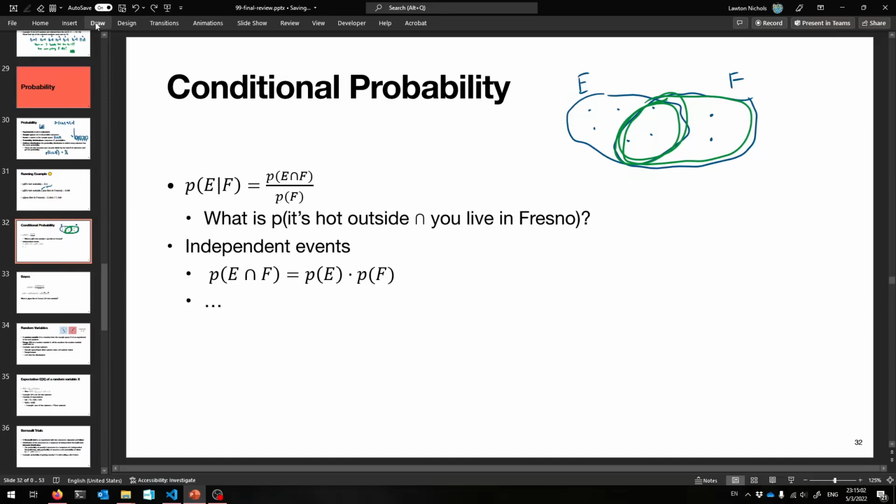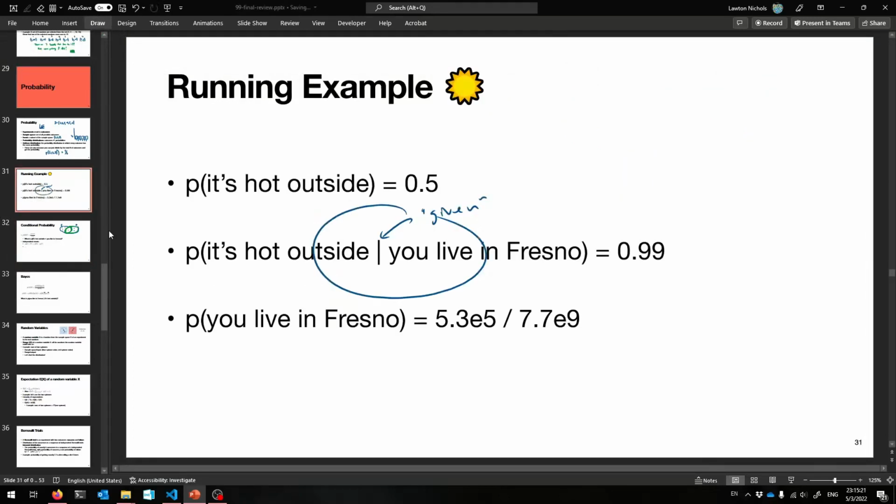So in general, how would we calculate the probability that it is hot outside intersect you live in Fresno? You can actually solve for that, can't you? Because I have given you the probability that it is hot outside given you live in Fresno.